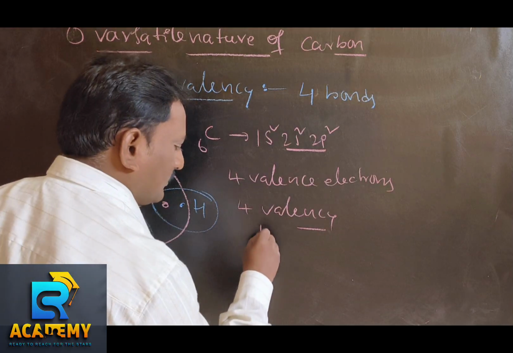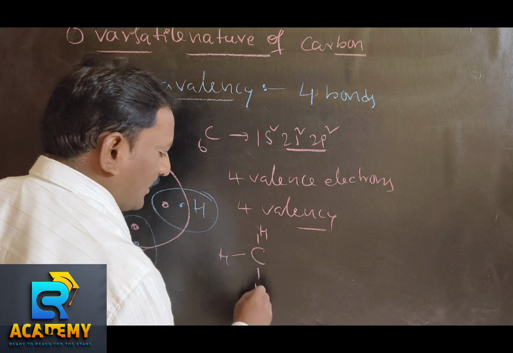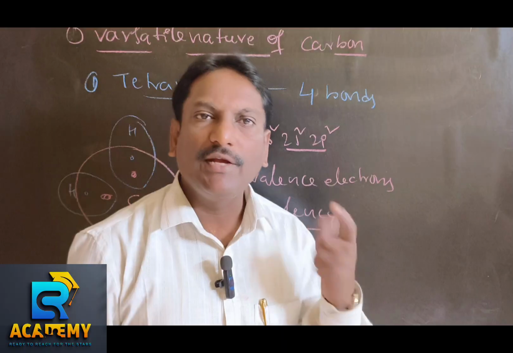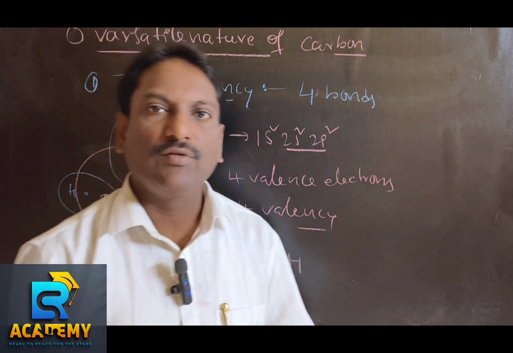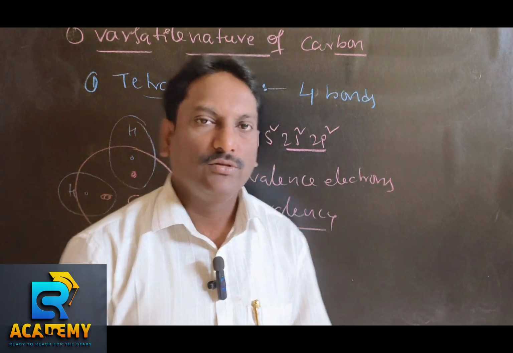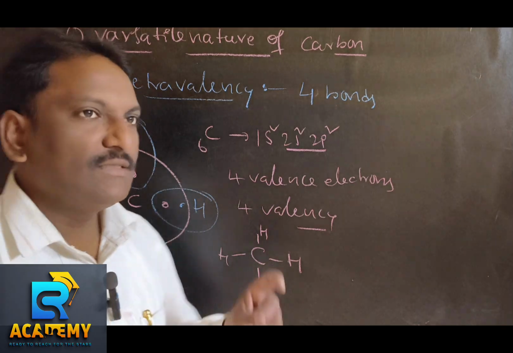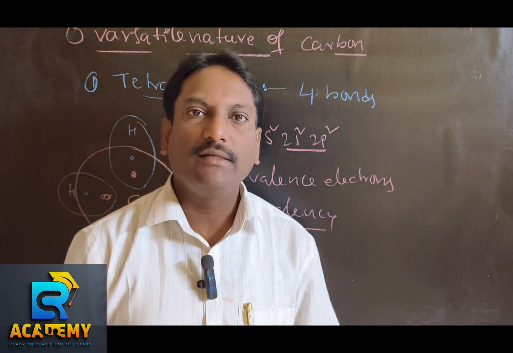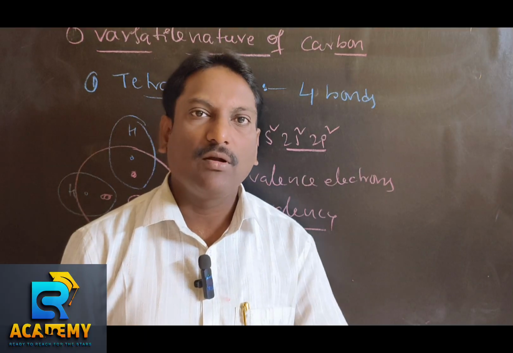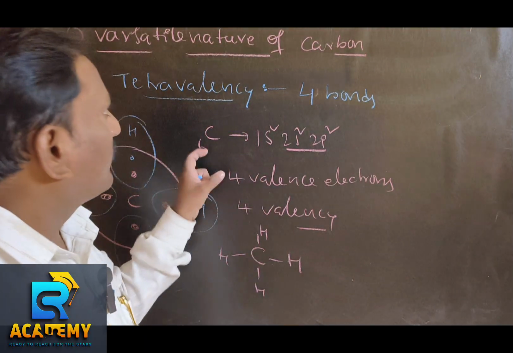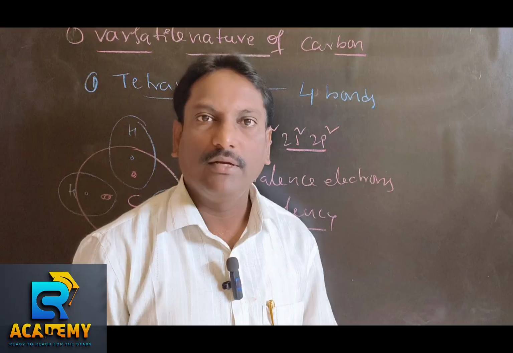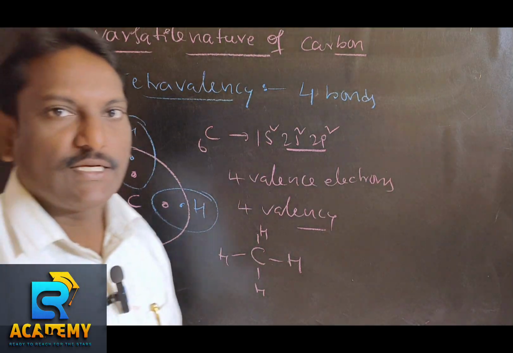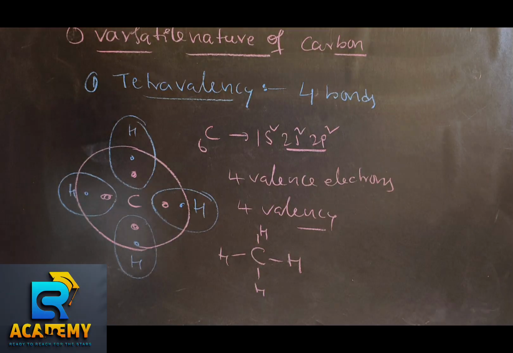So you will get C bonded to H, H, H, H. That means carbon always gives only 4 bonds with neighboring atoms in any of its compounds, because carbon is tetravalent in nature. This is one of the reasons behind the existence of a huge number of carbon compounds in the environment. So the first one is tetravalent nature. Copy.